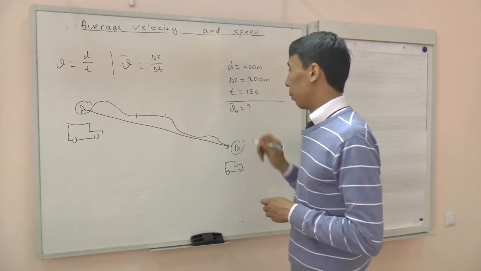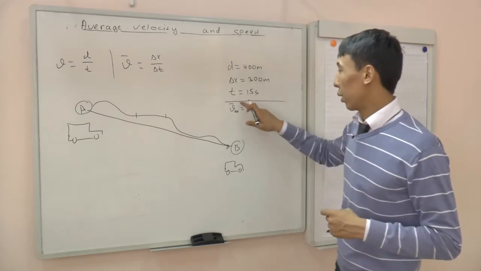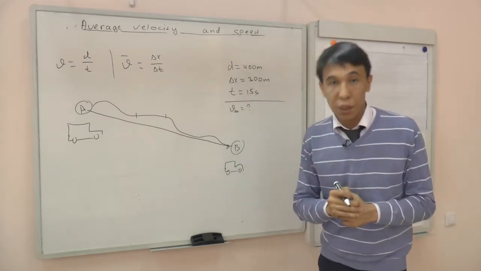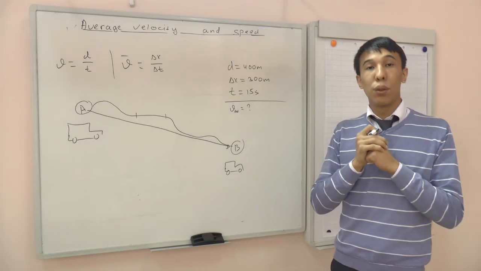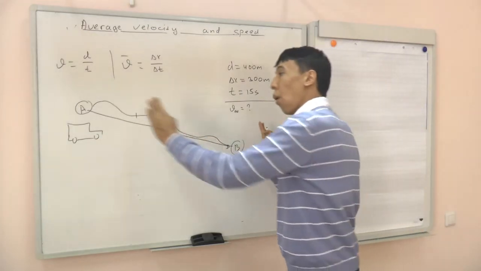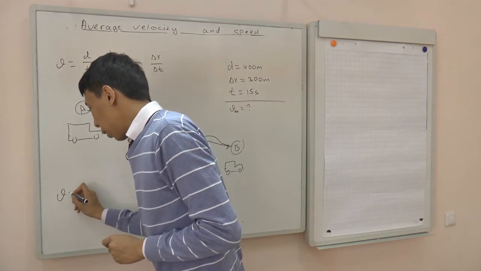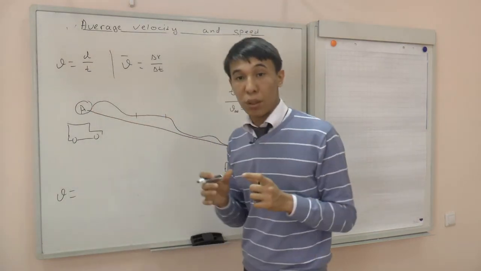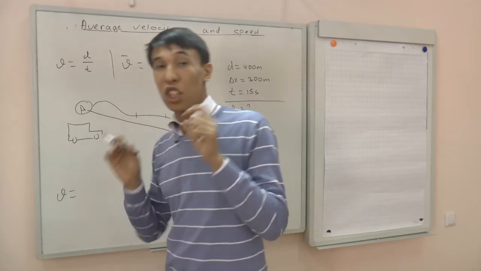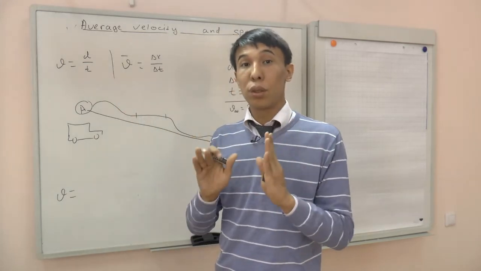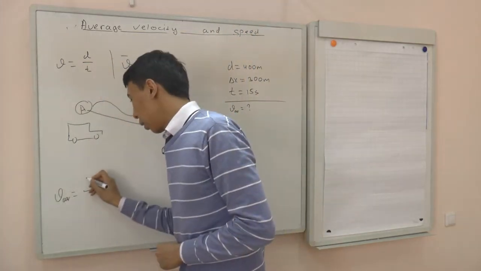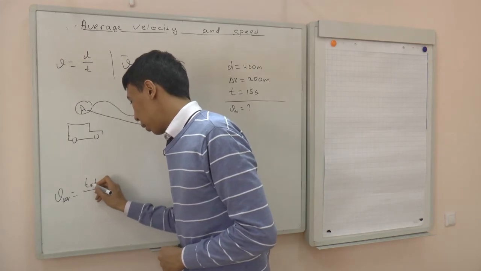Average speed means that we should use what? The total length, yeah. So in other words, if you want to write the equation of speed, we should use not just distance, we should use total distance.